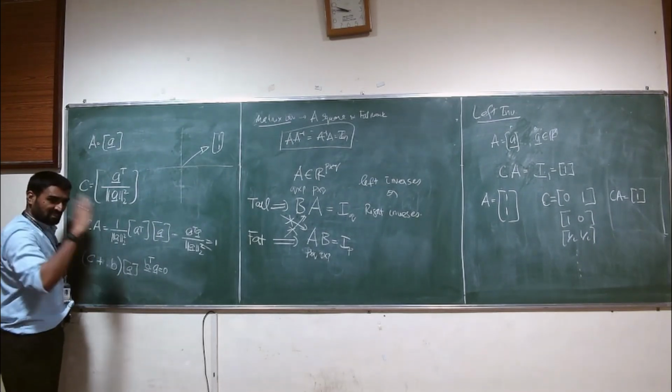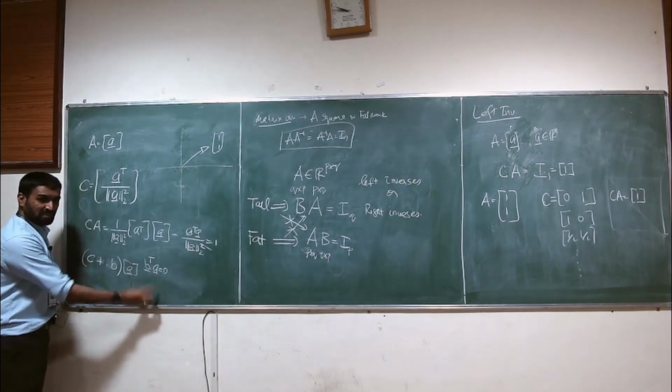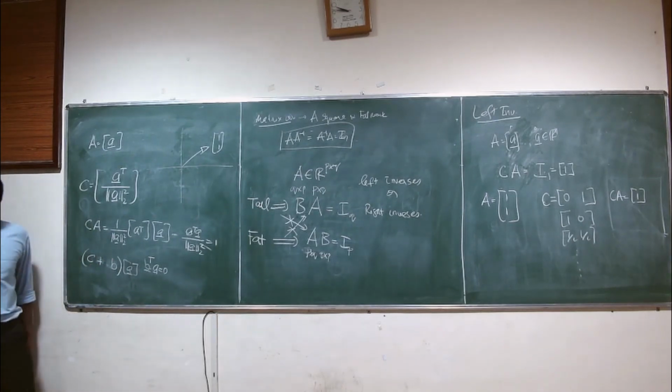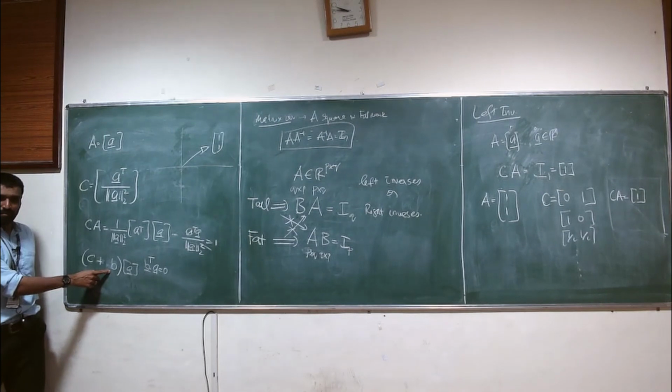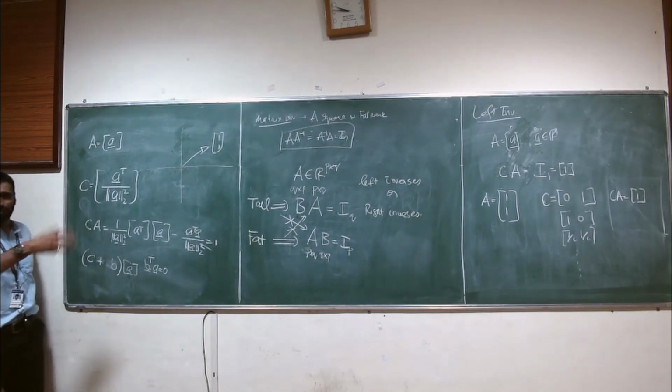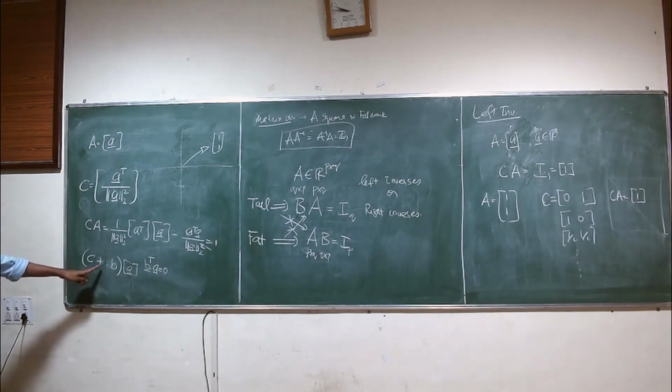There is still some space left in your original vector space. From that space you can choose orthogonal vectors and place them here, and that will produce all the infinitely possible left inverses. Yeah? So that's the idea.